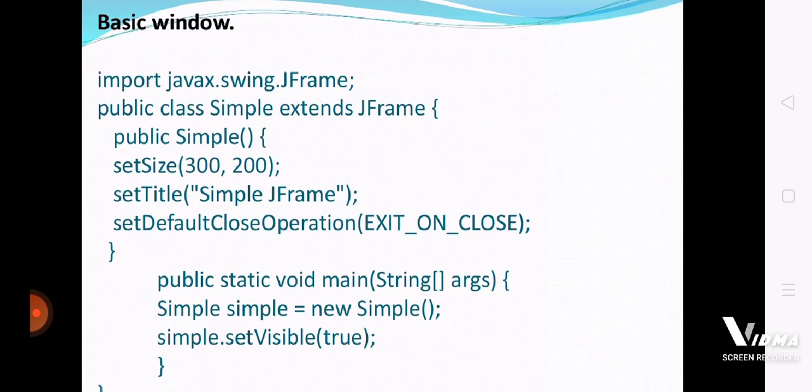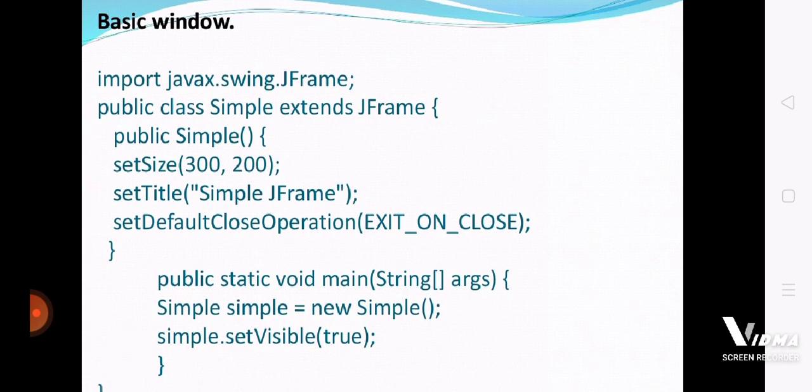First of all, we create a class by any name, let's suppose Simple. Here in this code, Simple is the class name and it is extended from JFrame. So we have made a subclass Simple of the superclass JFrame.